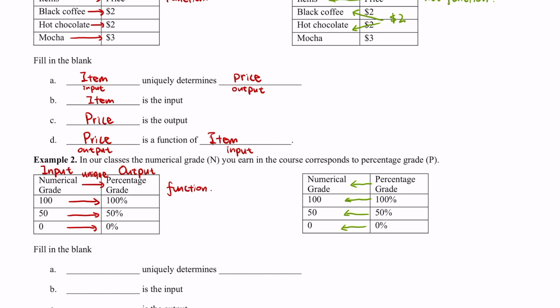So for each percentage, you have a unique numerical grade. So the opposite direction is also unique. So the opposite direction is also a function. And then we can highlight which one is the input. So now the percentage is the input, and the numerical grade is the output. So from each percent, we can get one unique output numerical grade.